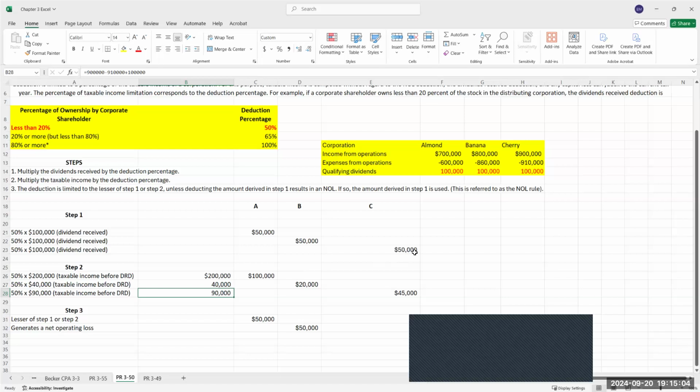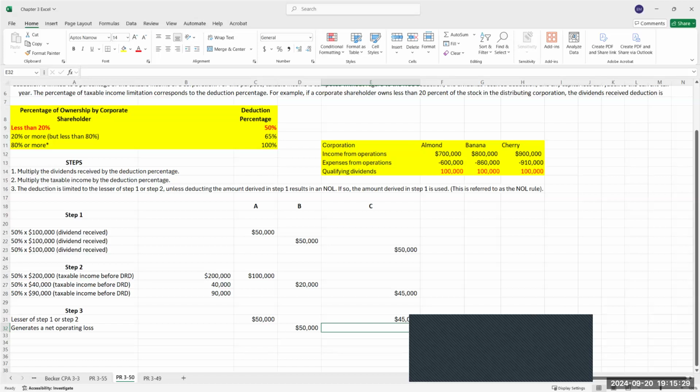If we subtract $50,000 from $90,000, we would still have $40,000 of taxable income. So therefore, the limitation of the net operating loss does not apply to the situation. So therefore, we take the lesser of the two, which in this case is 45,000.